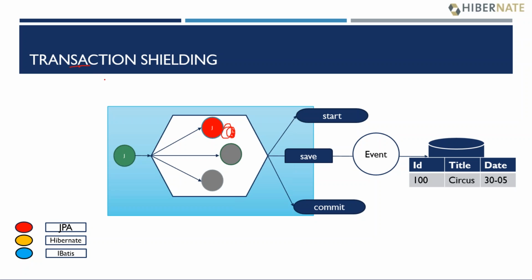But what we mean by transaction shielding is the underlying logic. Generally, you have begin and commit. Let's say if you have written the rollback all by yourself, and this object might be associated with another object, then when you are rolling back this parent object, you need to roll back manually.